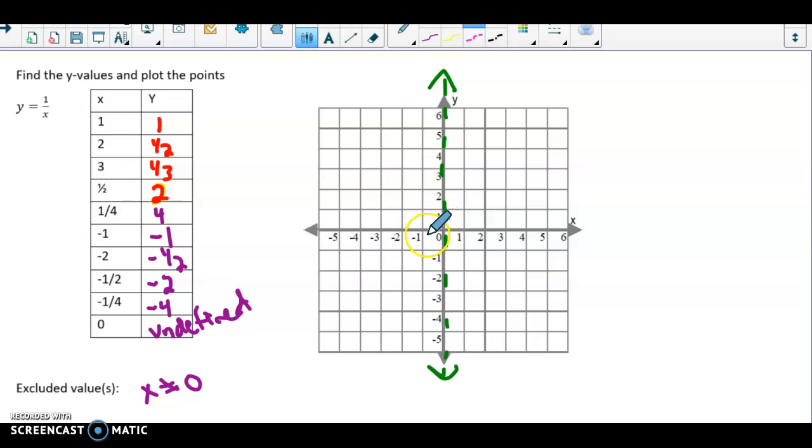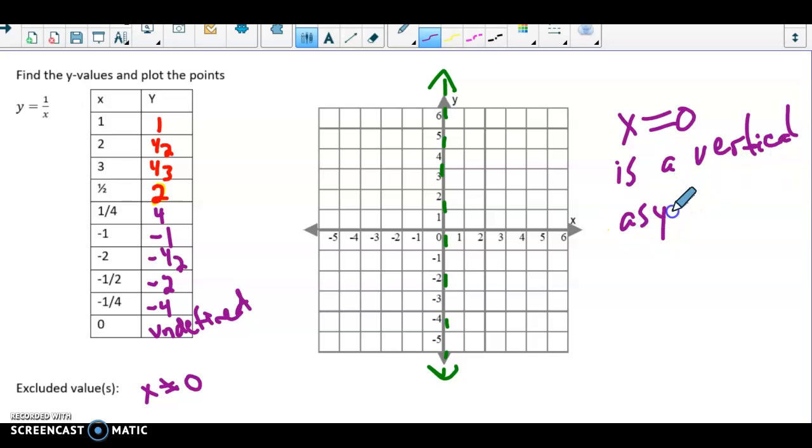There's never going to be a point with x equal to 0. No, I'm not allowed to use 0. So we put what we call a vertical asymptote. X equals 0 is a vertical line right here at 0. We dot it and we say that x equals 0 is a vertical asymptote.